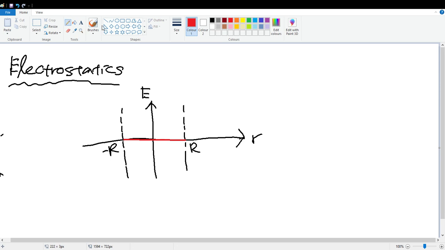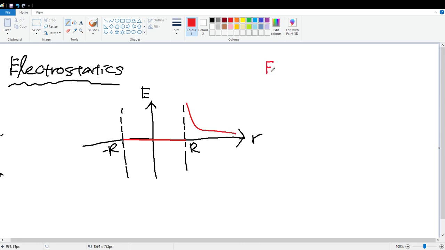As for the outside of the spherical conductor, from the surface of the spherical conductor until infinity, the electric field strength varies with the distance in the form of this curve, which is a reciprocal graph.